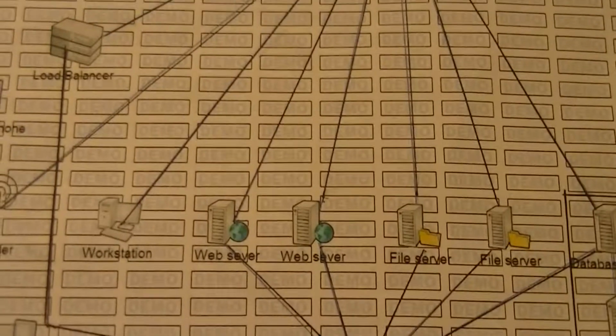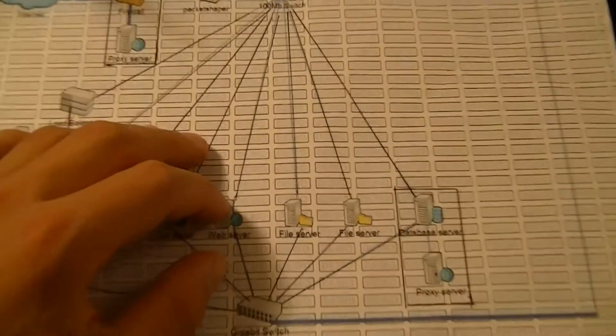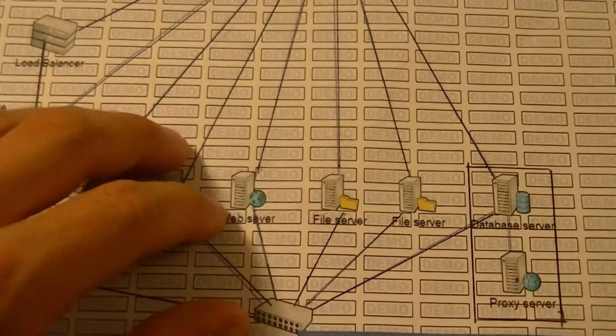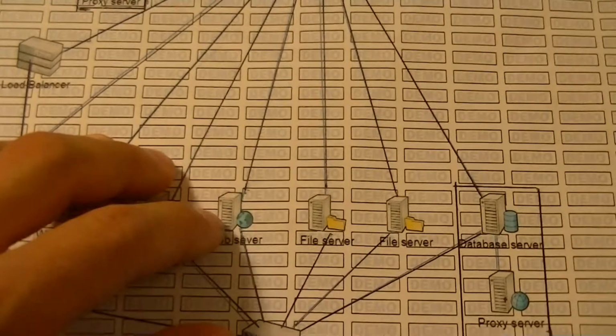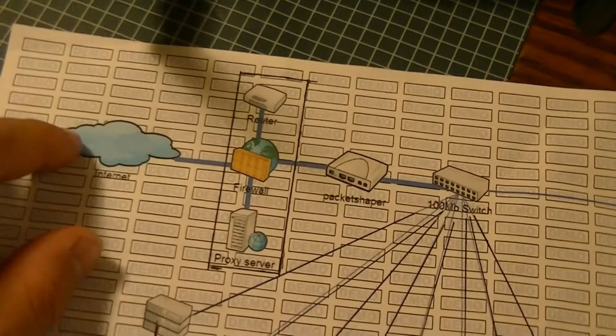The way it does it is the router assigns an IP address to each of these computers, so it knows where the packets are going. It's going to say, okay, computer 192.168.0.107 is requesting this YouTube video from YouTube.